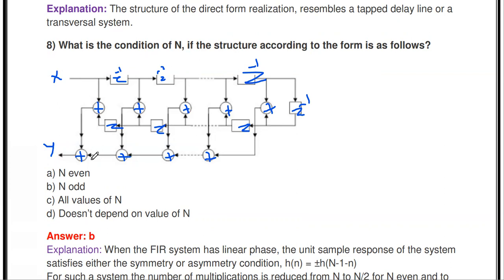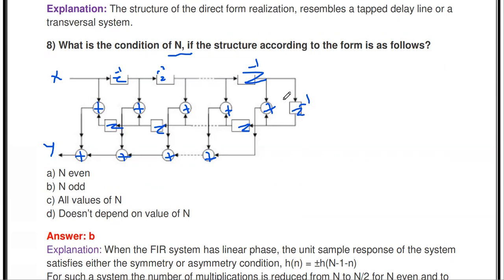So here you see, what is the value of N? N means the order of the filter. Here first x is given to this one, and again given to these 3 delay elements. Similarly, in the bottom also 3 elements are there, and in the center one more delay element is there. If this center delay element is not there, it means the value of N is even.